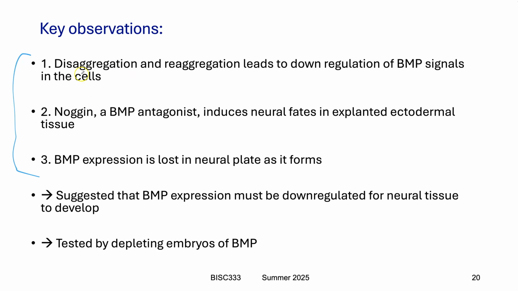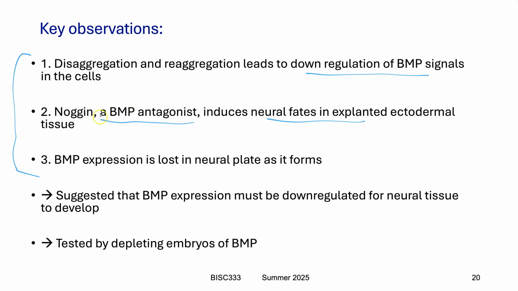The first is that when you do that disaggregation, the separation and then the rejoining of the cells, you end up with downregulation of BMP signals in those cells. So they're not signaling to each other. Noggin, which is a BMP antagonist, we know it inhibits the signaling from BMP, will induce neural fates in explanted tissue.